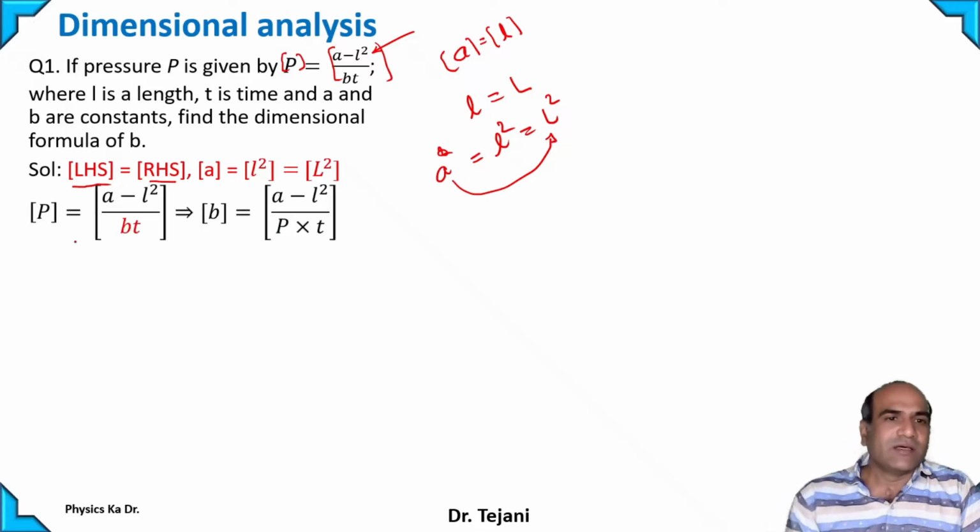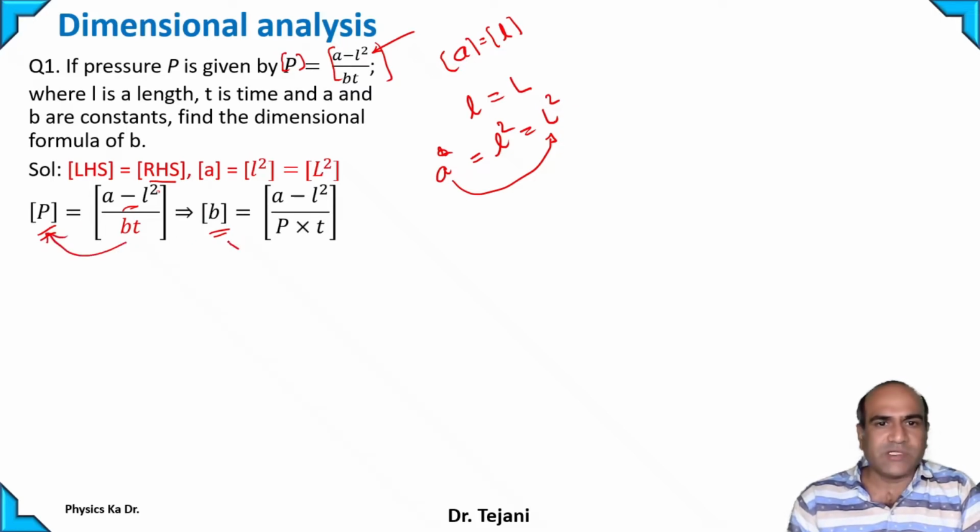Great. So now the dimension of P is equal to (A minus L power 2) divided by Bt. The dimension we already have for this. Now we need the dimension for B. So we can take B on the opposite side, and P on the opposite side here.